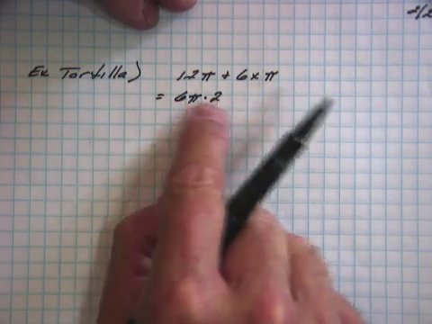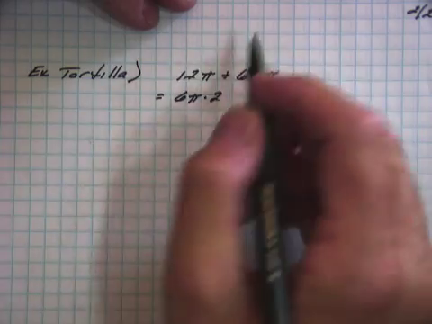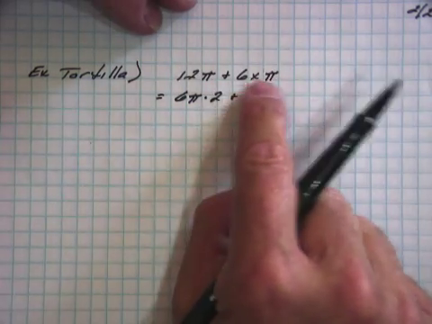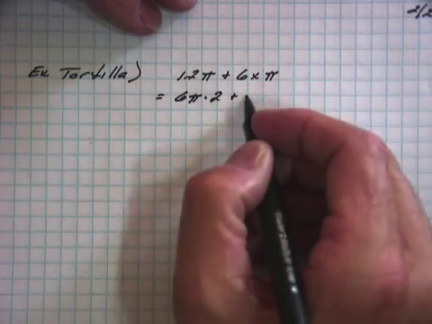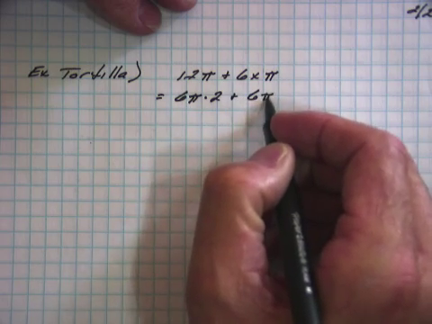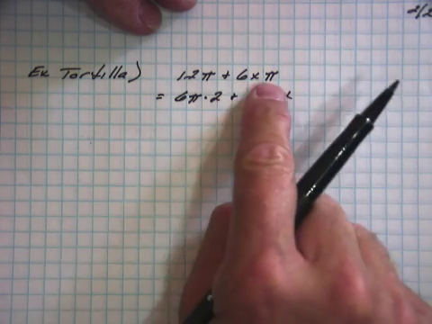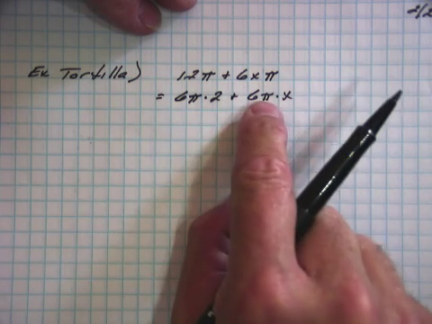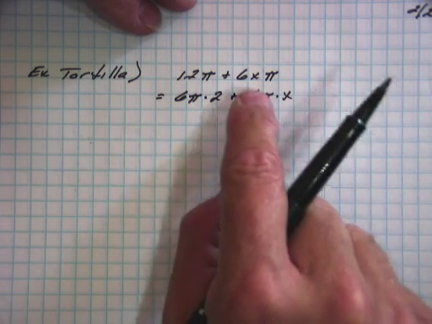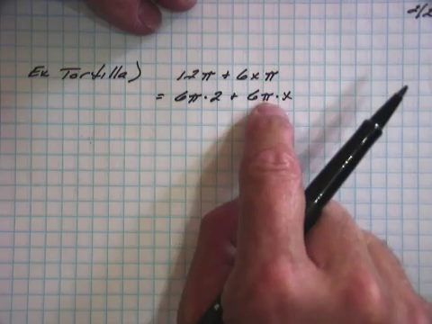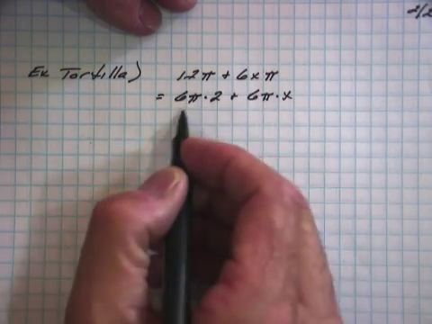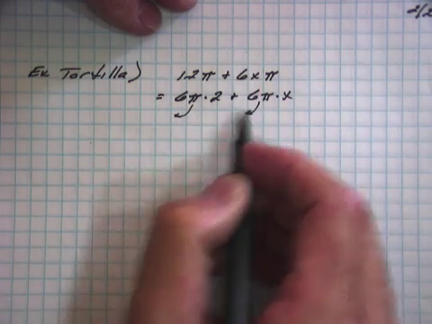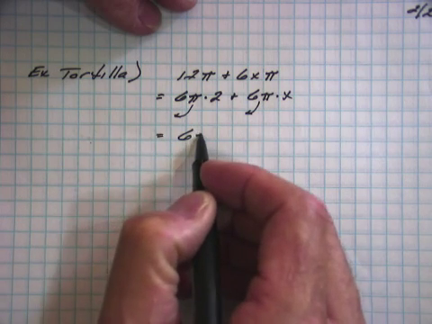Okay, now that's interesting, because not only do we have these pi terms, but I've also thrown in a variable x. So let's break this up, and let's recognize this as 6 times pi times 2. See, 6 pi times 2 is 12 pi. Plus, now notice there's already a 6 pi here. I'm just going to rearrange the terms: 6 pi times x. So I just rearranged the parts of this one.